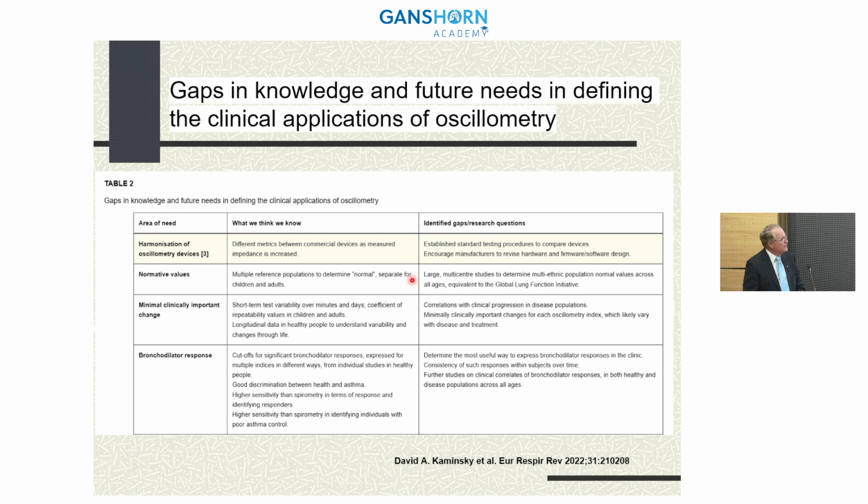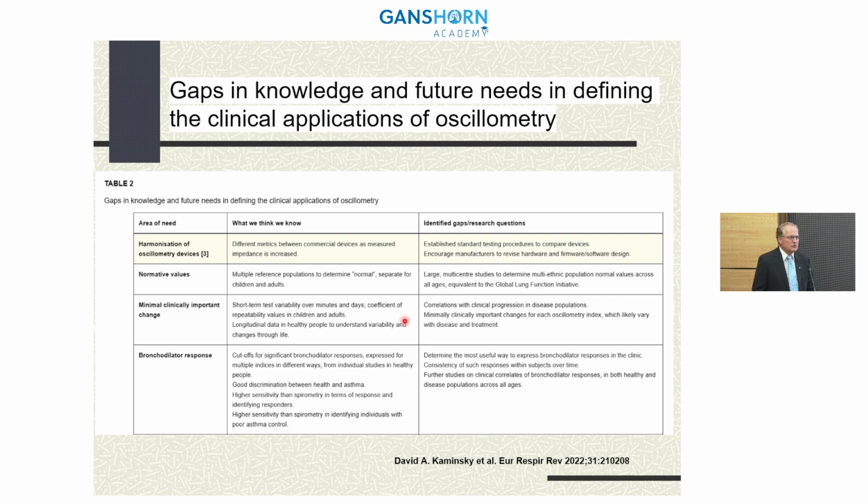We know that we need to have better and more robust reference equations. We're getting closer to that, and as I mentioned, GLI is currently collecting data on that. We need to understand or know about the variability and reliability of the instruments.